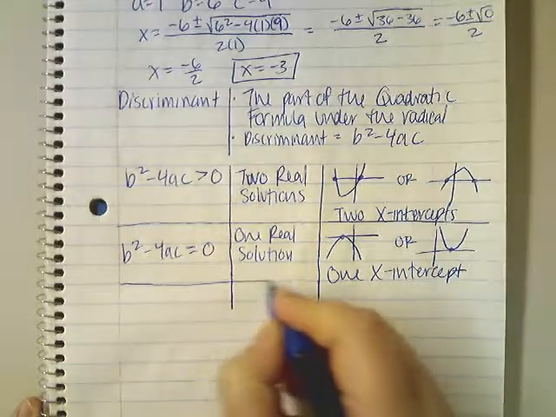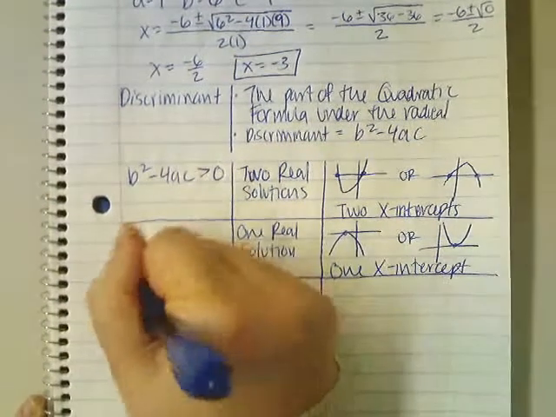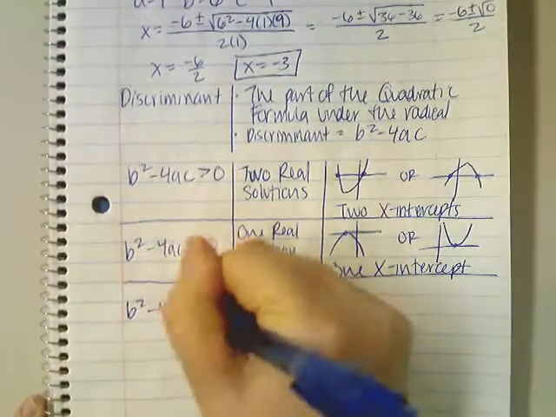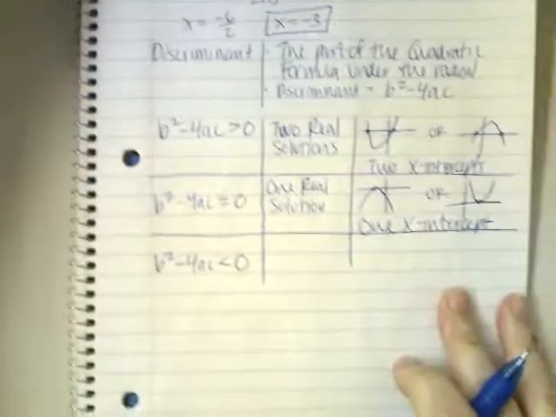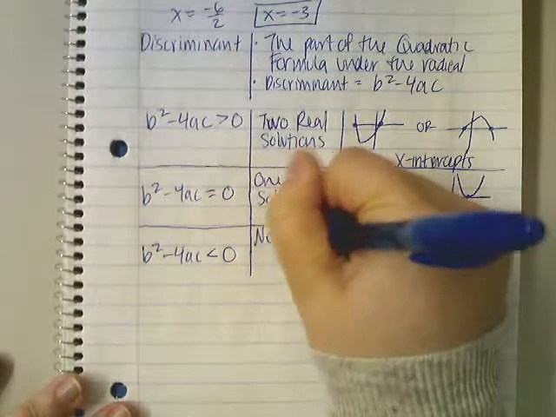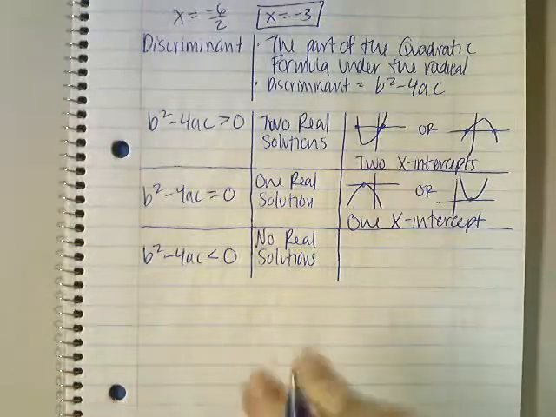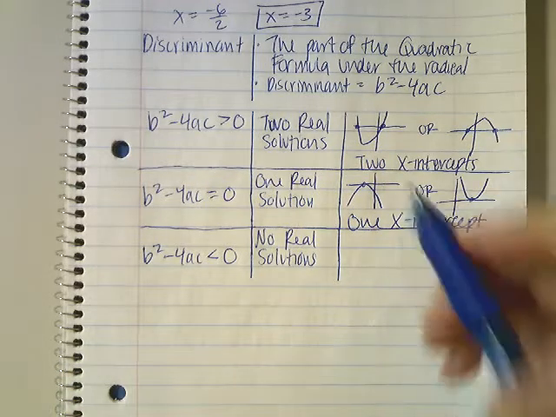The last case we haven't seen yet, but is just as common. We have b squared minus 4ac is less than 0. So less than 0 means it's a negative number. If we have a negative number for our discriminant, we're going to have no real solutions. And as you may know, we'll have imaginary solutions, but we'll talk about that later in this unit.